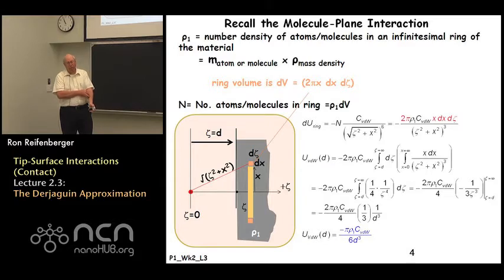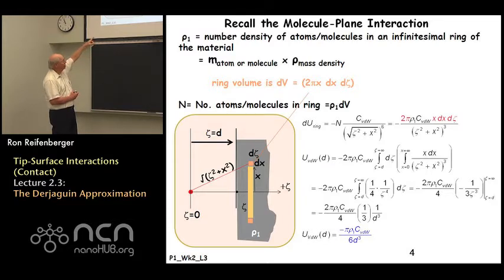So the way to solve this problem is to go back to the fundamentals. Just briefly recall the molecule-plane interaction that we discussed back in lecture 1. The idea is simple. We've got a molecule or an atom that's positioned a certain distance d away from an infinitely large flat plane. And we're going to consider how that molecule interacts with all the molecules in the slab of material.